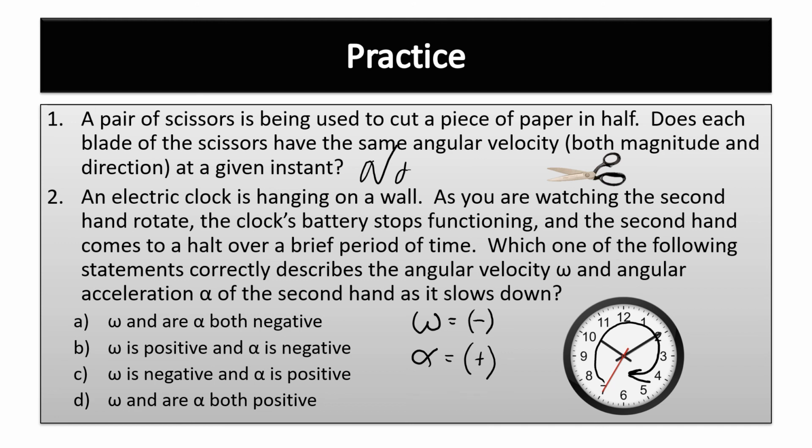So that's going to be choice C, where omega is negative and alpha is positive. In this case, it would be speeding up. In this case, it would be slowing down, but omega would be pointing counterclockwise, and that's not the direction the second hand goes. And in this case, again, it would be speeding up because they're in the same direction.